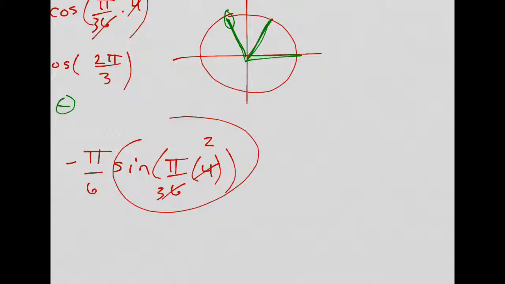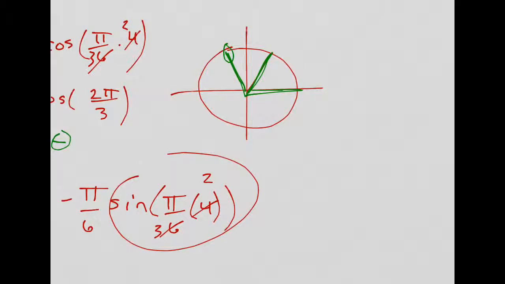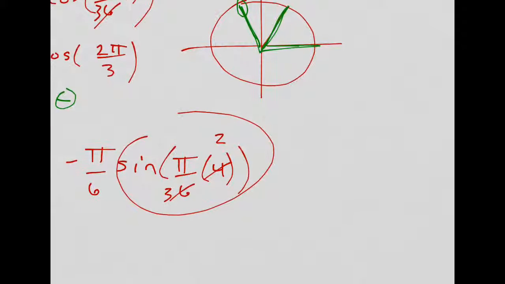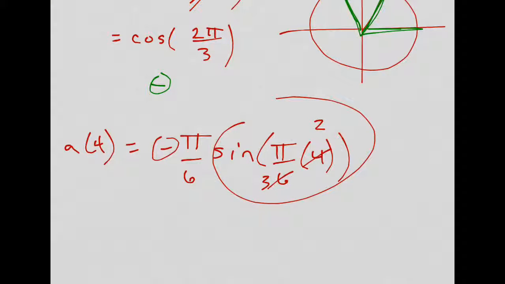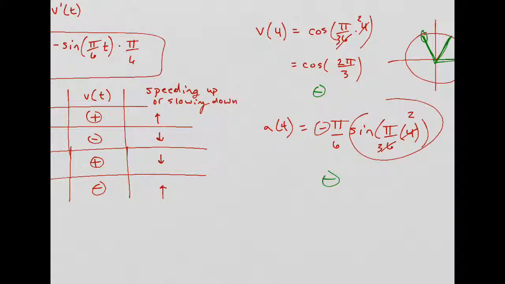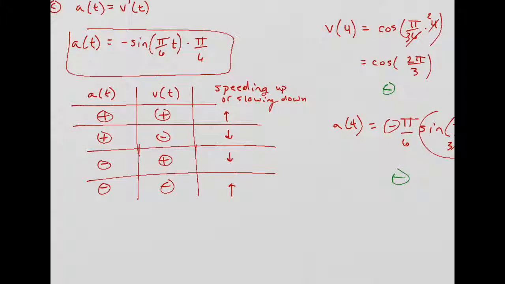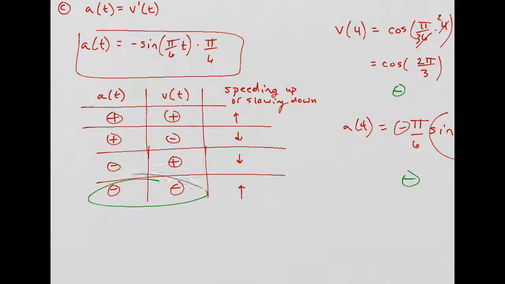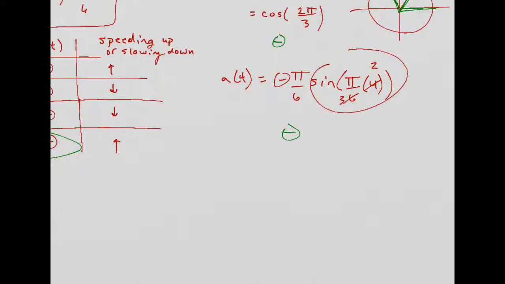The sine of 2 pi over 3 is positive, and then times a negative, that's negative. So my particle is speeding up, right? Because that falls into this area. The particle is going backwards but also accelerating negatively, so it's getting faster and faster by going backwards.